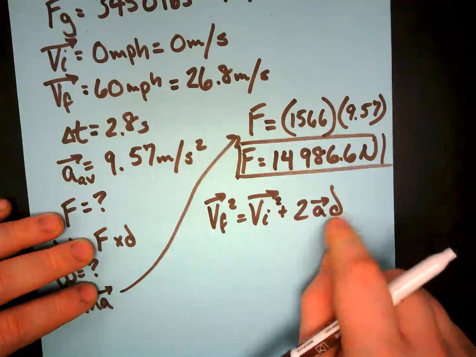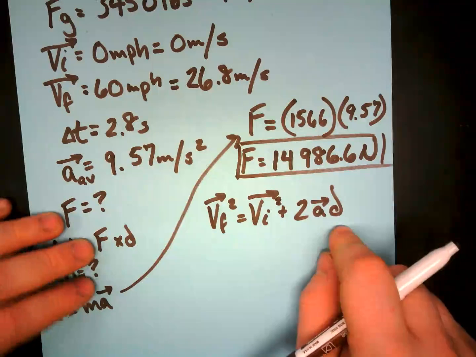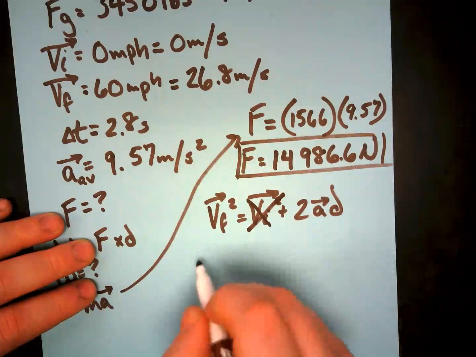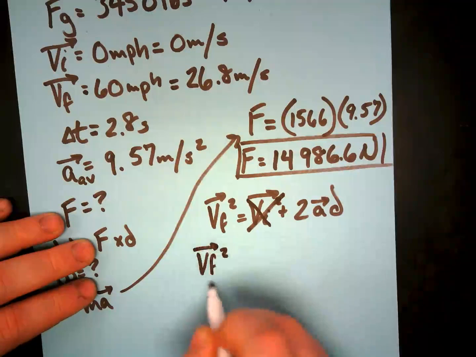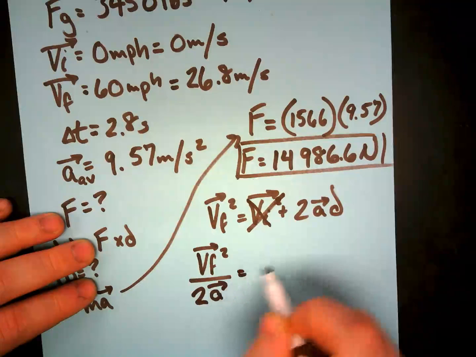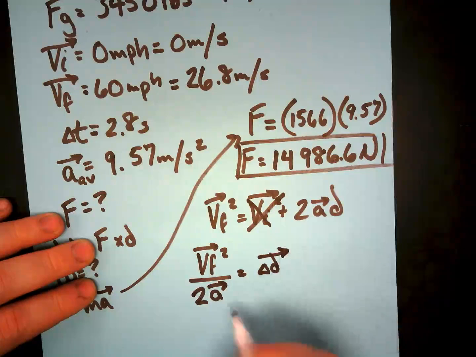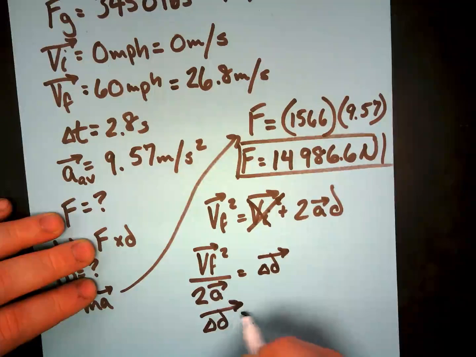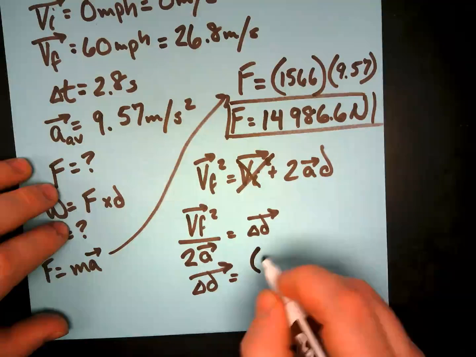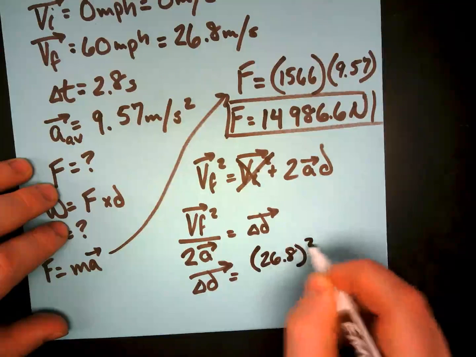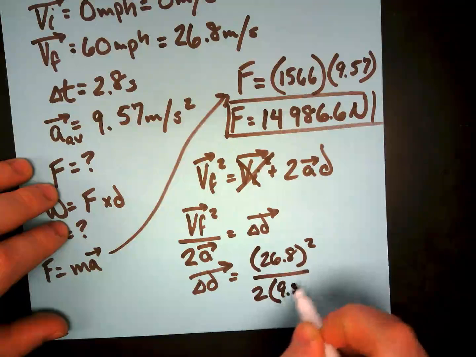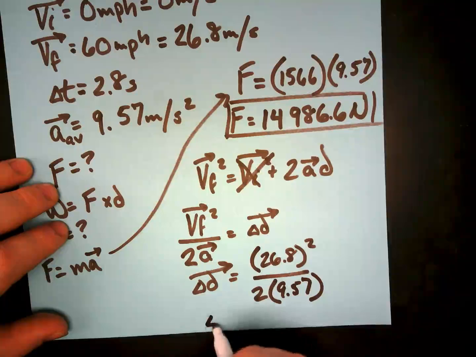So we're trying to find distance here, displacement. So we're just going to solve for displacement. This guy we don't even need because it's 0. So it's going to be vf squared divided by 2 times acceleration is equal to d. To plug everything in, d is going to be final velocity, which is 26.8 squared over 2 times 9.57.